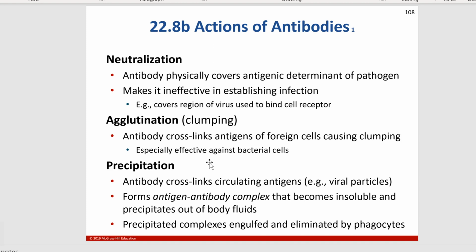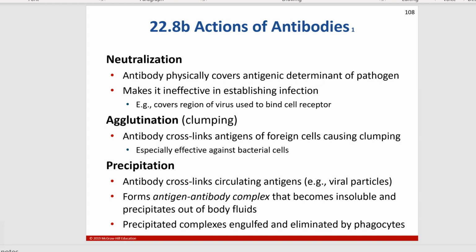So what can antibodies do? They can neutralize, like I said: they can cover that part of the organism that gives the antigen and stop it from causing infection. They can clump, or agglutinate, making a massive complex of antibody, antigen, and foreign organism that basically takes it out of commission.